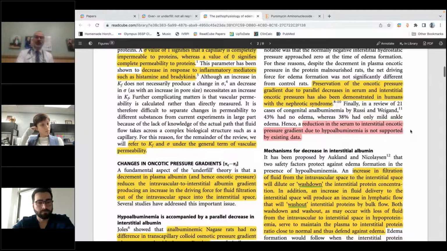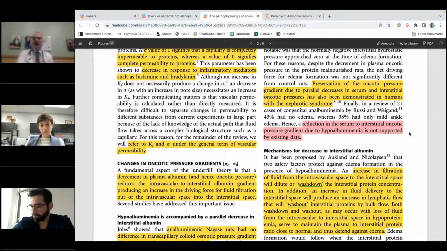And of those people with analbuminemia, they don't make albumin. 43% of them had no edema, and 38% had only mild edema. And that really undermines the role that albumin might play, because the evidence we have is that reduction in your serum albumin concentration is going to be mirrored by an equal, if not greater, reduction in your interstitial albumin.